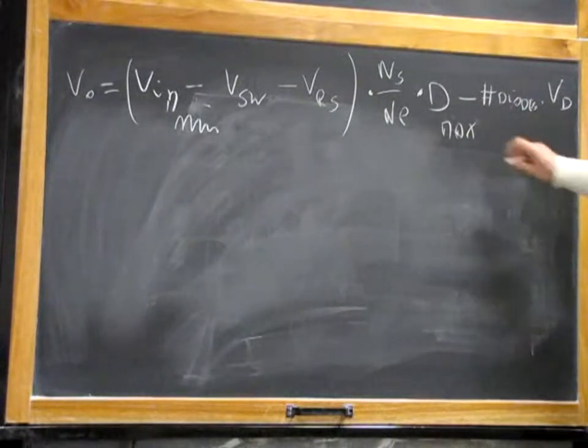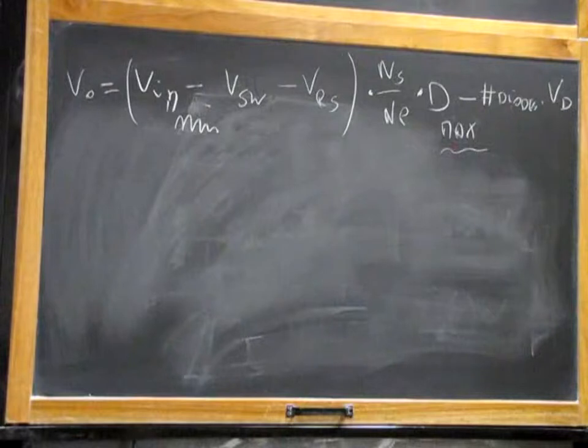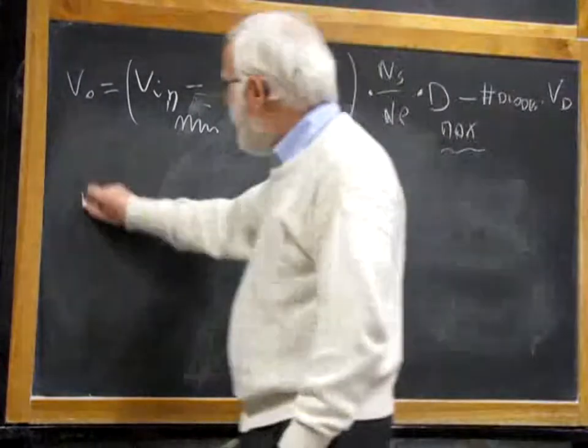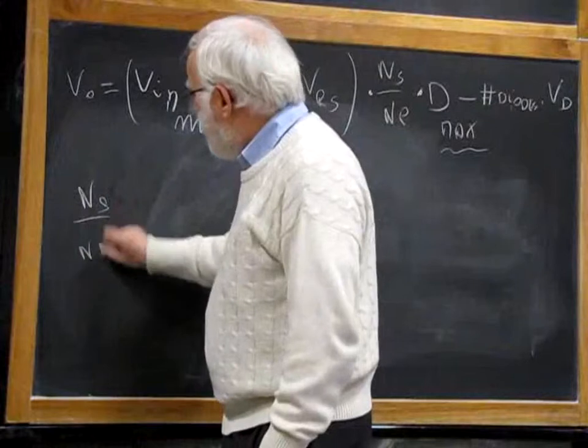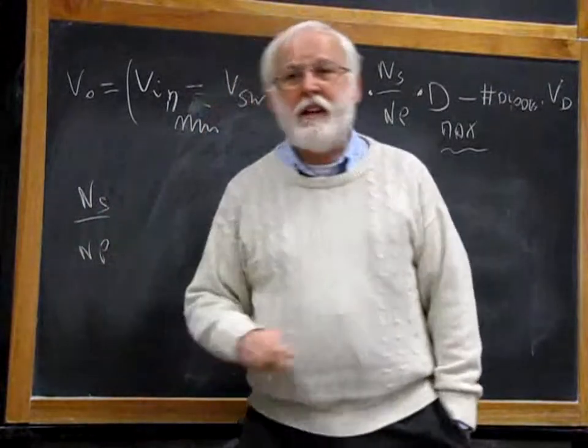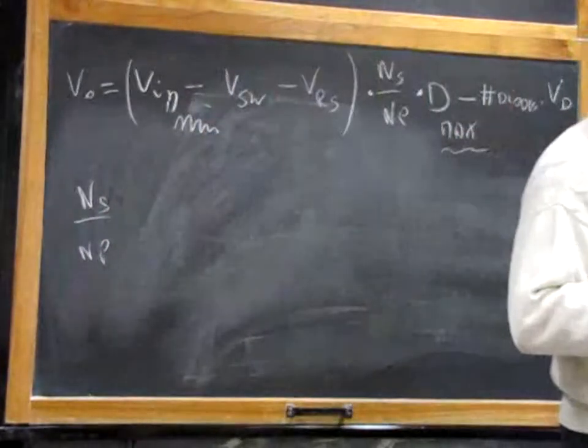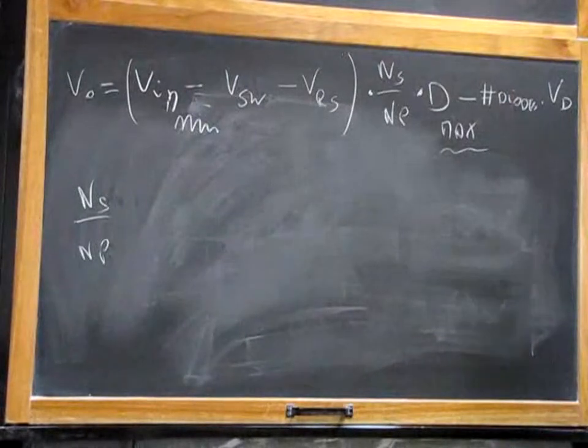Well, if we design Dmax, the only quantity you can derive, and you have to derive from this equation, is NS over NP as usual. So NS over NP, and this ratio will give you all the stresses, voltages and current stresses.